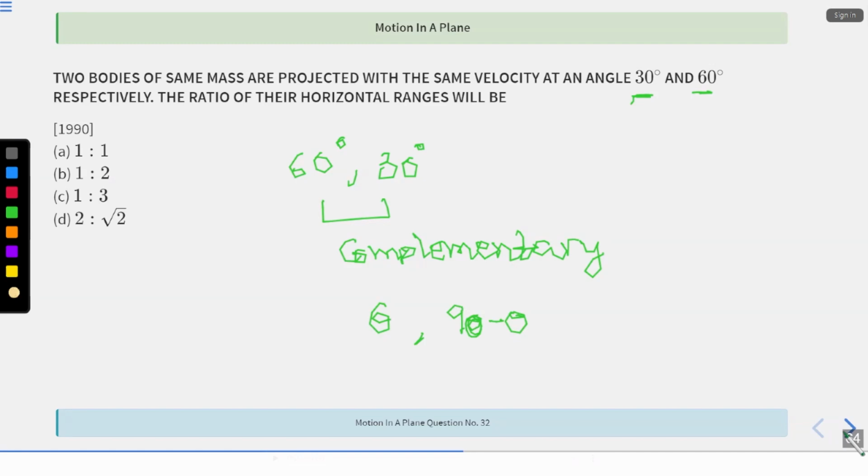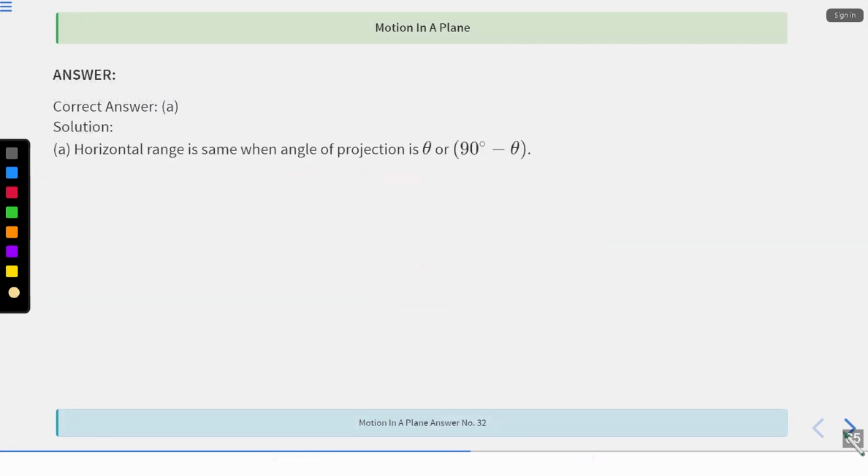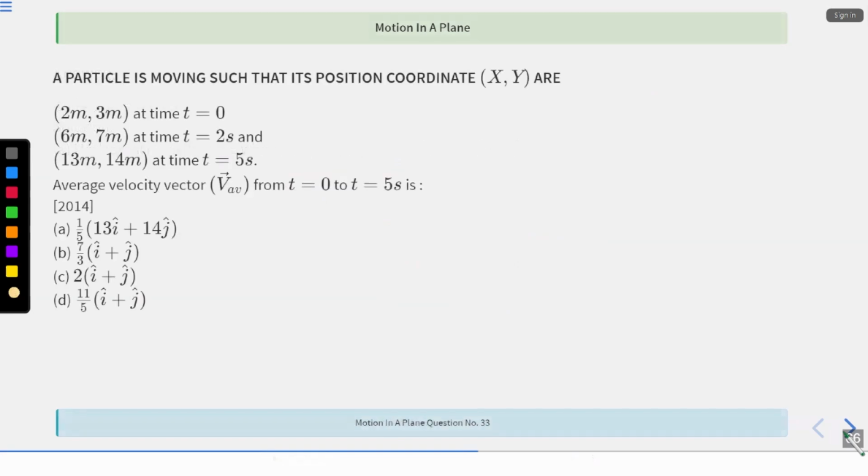Therefore, whenever they are complementary, our ranges will always be equal. Remembering that concept, you'll get 1:1. Horizontal range is the same when the angle of projection is theta or 90 minus theta. Let's move on to the next question.